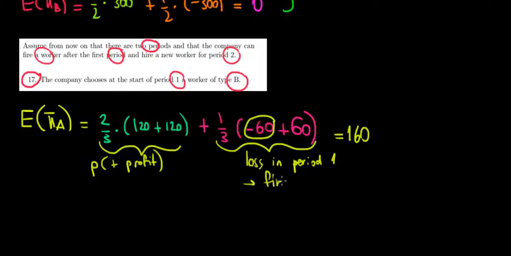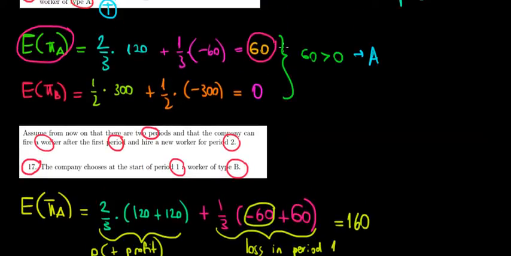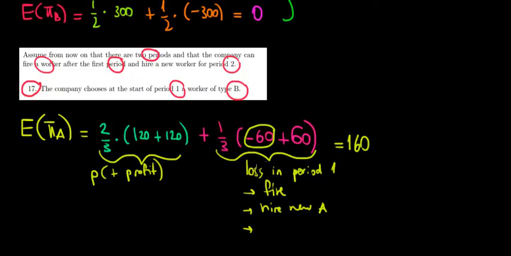We fire the worker, then hire a new A worker, and the A worker has an expected profit per period of 60 euros. We calculated that in the previous video. That single period will be the second period in this case, because we hire him for the second period. That would give us a profit of 60 again. That's where the positive 60 is coming in. And as a result, we work out the math and get 160 euros in expectation from a type A worker.